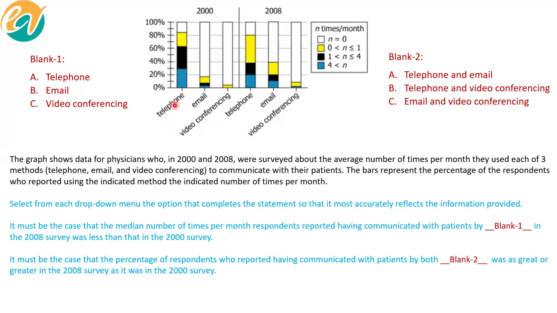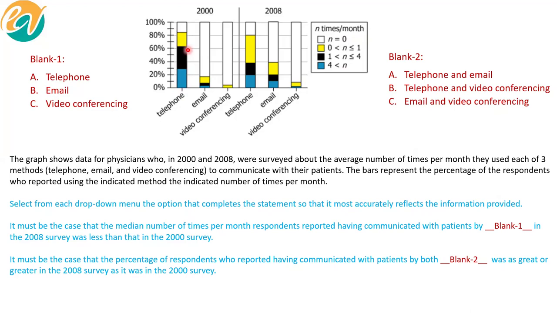Now, if we look at telephone, around 85% used telephone in the year 2000. Within this 85, 28% used telephone more than 4 times per month, right?